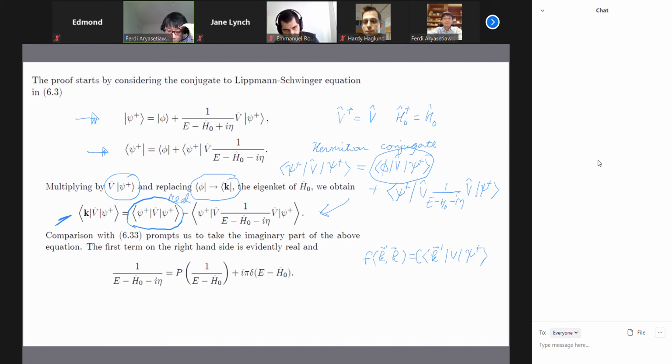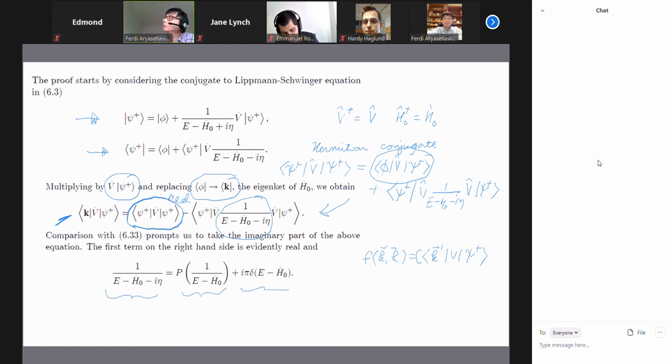There is the real part, if you like. This is an operator, so we shouldn't say it's real or imaginary here. But this operator here, so that part here, can be written in this way here.